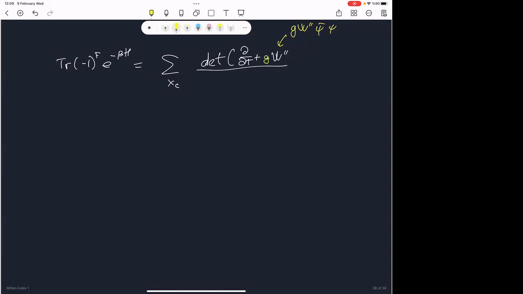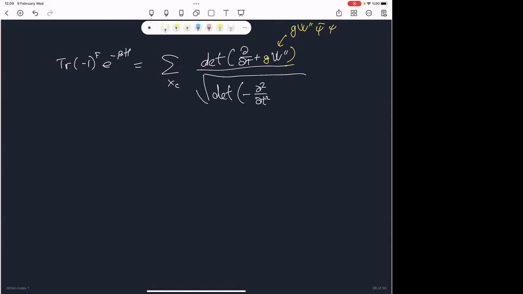So when you compute the Witten index, what you actually get is the sum over critical points, and here it's the determinant of d/dt plus W double prime. This W double prime comes from W double prime psi bar psi, but in front of that we now have G, so you have G here, and then the square root of the determinant of minus d squared dt squared.